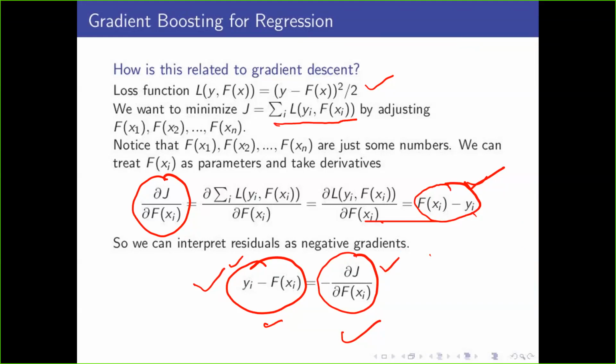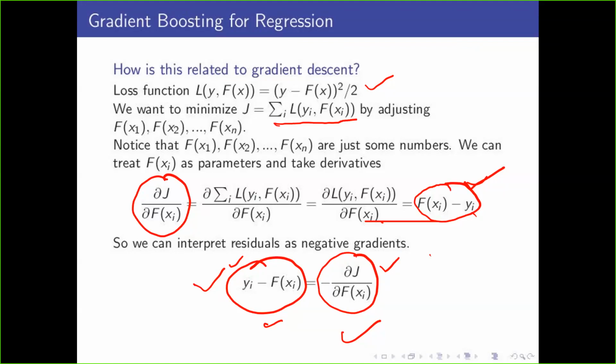Am I right? Yes, sir. Right. It means updating a model based on the residual is equivalent to updating a model based on the gradient. That's why it is called gradient boosting algorithm.